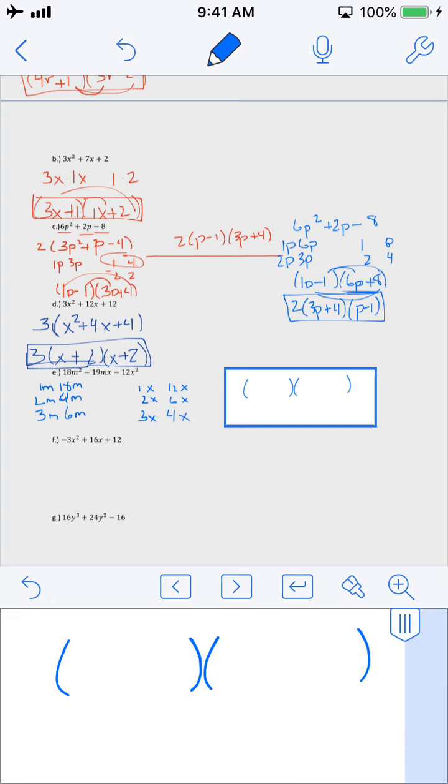Is that 19? No, that's 13. 18 and 12? No. 18 and 6? I don't know. Let's just pick one.